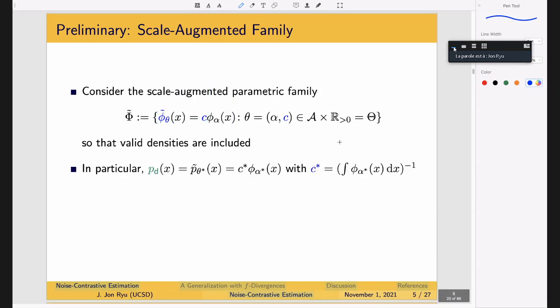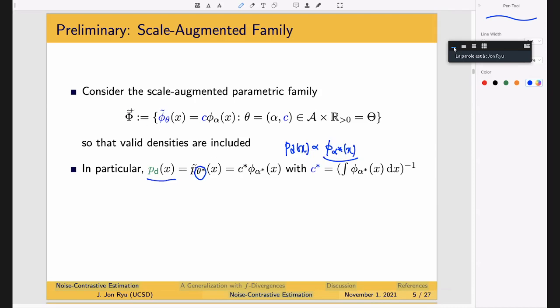In particular, for the data generating distribution, there is going to be theta star. I assume that there is some alpha star such that the normalized version of this is the PD x.